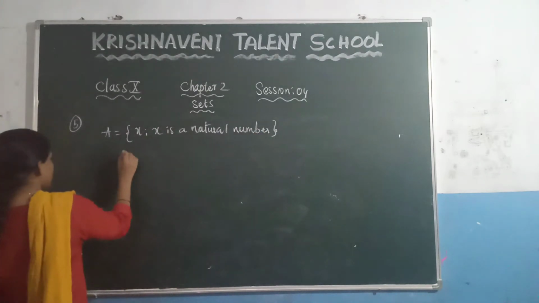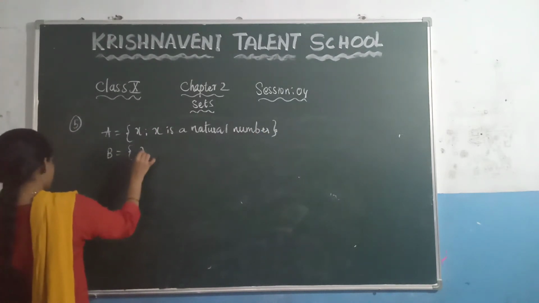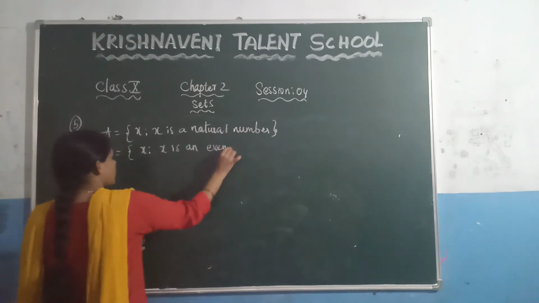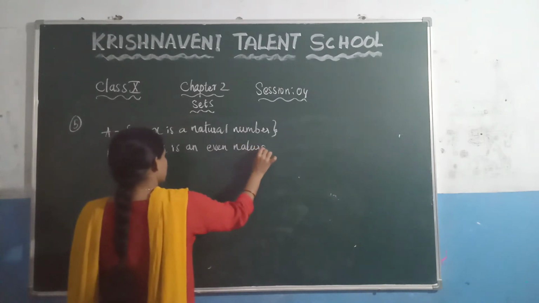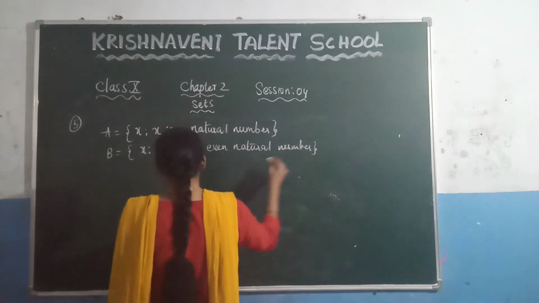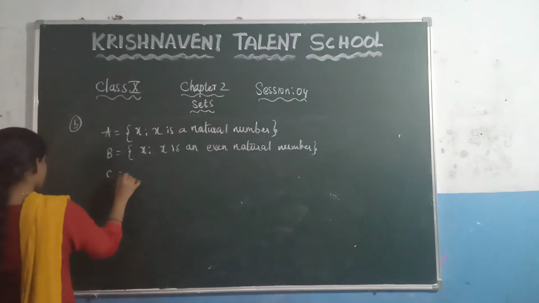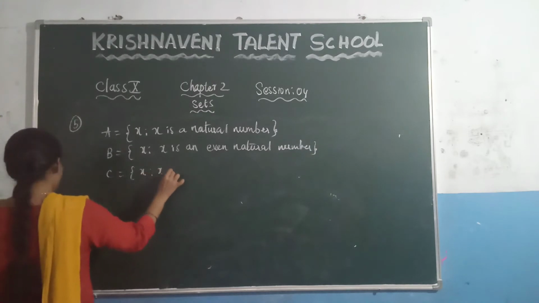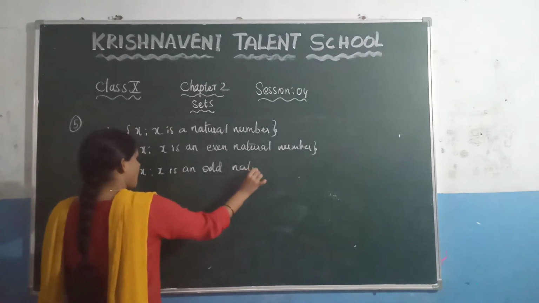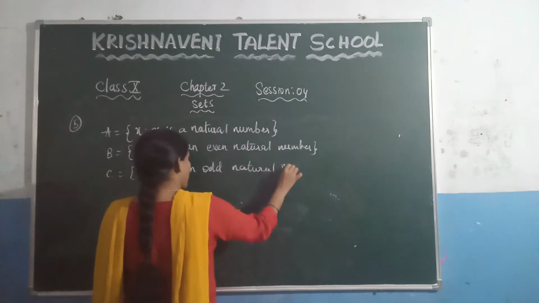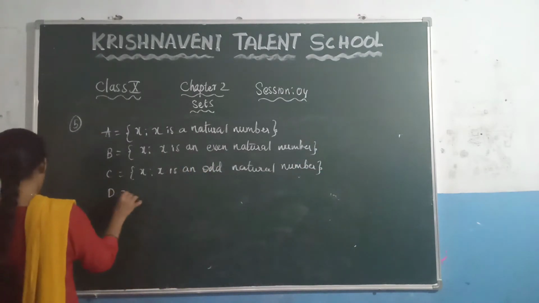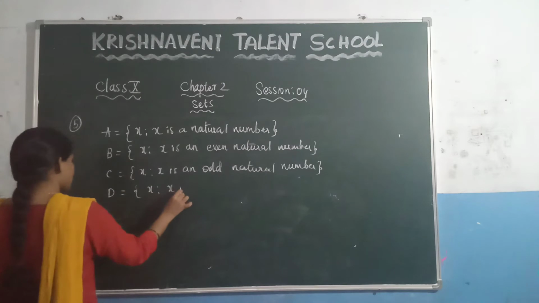And what is the set B given? {x such that x is an even natural number}. And the set C, which is given as {x such that x is an odd natural number}. And the set D, which is given as {x such that x is a prime number}.